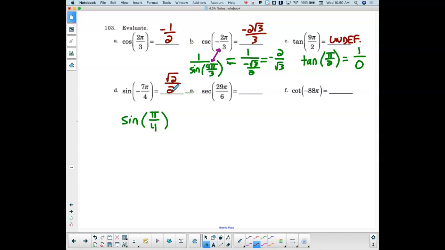Secant of 29 pi over 6. Well, 29 divided by 6 is what? Okay, so 4 and 5, 6, right? That means I'm really just asking for 5 pi over 6. Secant of 5 pi over 6, right?